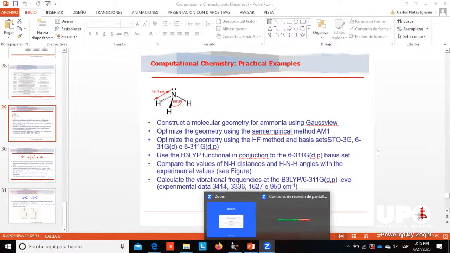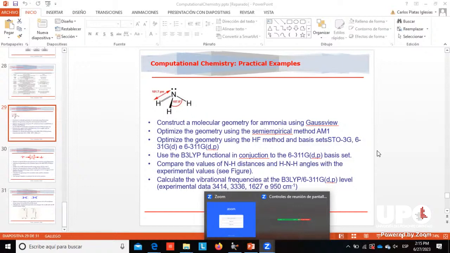And so the goal of the session today will be to perform some simple calculations on some small molecules so that hopefully you will get an understanding of what you can do and what kind of information you can get with computational chemistry. We will be using two different softwares.